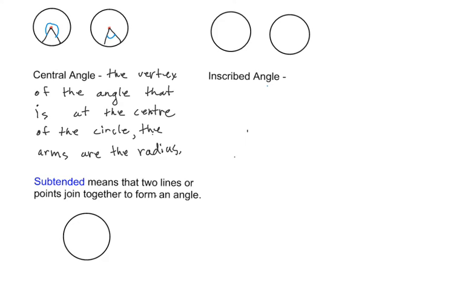When we talk of an inscribed angle, we're talking about an angle that's formed on the circumference of the circle, the outer edge of the circle. Notice I said the vertex is on the edge of the circle, but we want to say that it's on the circumference, otherwise known as the outside of the circle.